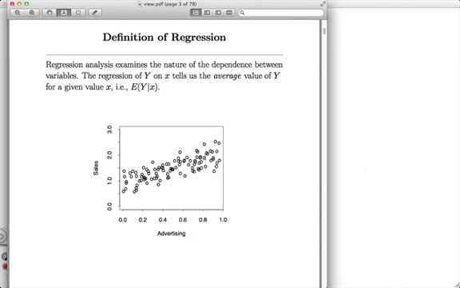So all we're trying to do is find the mean of the dependent variable, conditional on the independent variable. There's nothing that new about this. This is what we've been doing with tapply. We were finding the mean of some variable based on some categorical variable. The only difference here is that rather than a categorical variable, we have a numerical variable such as advertising.